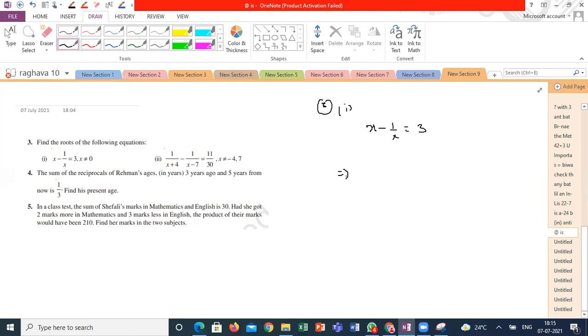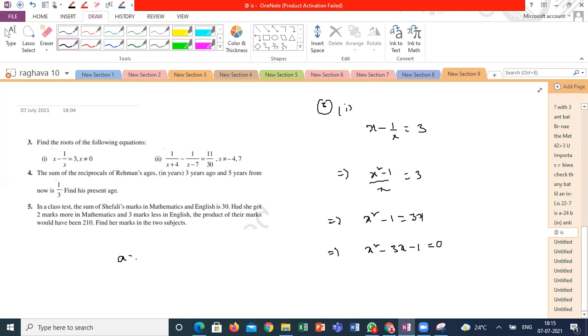Yes. So before doing this method, please check existence of the roots. That is also important. x square minus 1 by x is equal to 3. So my quadratic equation is x square minus 1 is equal to 3x. x square minus 3x minus 1 is equal to 0.